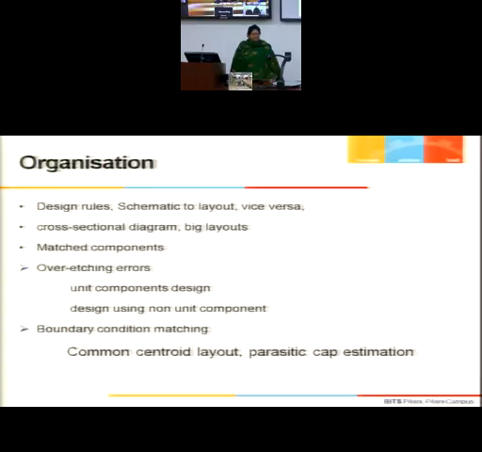So there are certain techniques which we use for getting a matched component, and for this we need to match the surrounding environment around those two components. That is known as boundary condition matching. So there are 2-3 things.